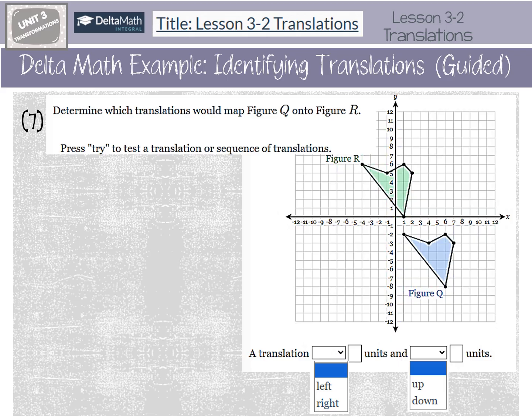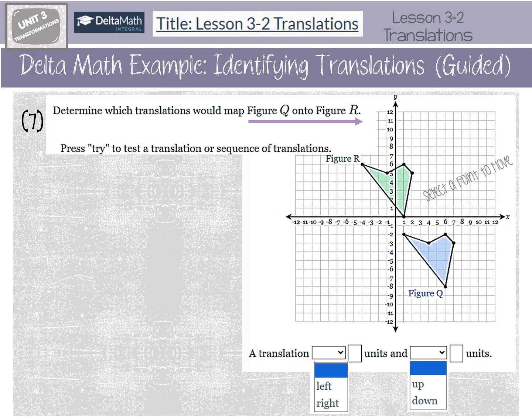Delta Math example, identifying translations, guided. Determine which translation would map figure Q to figure R. So we're going from the blue to the green. So make sure you are using that to fill in the blanks below. You're going to determine left or right, up and down, and by how many.